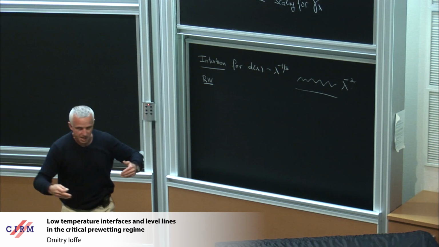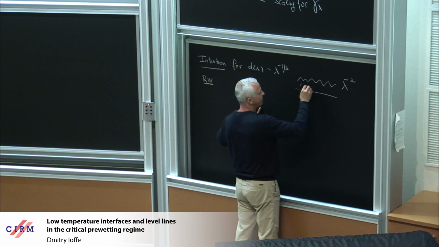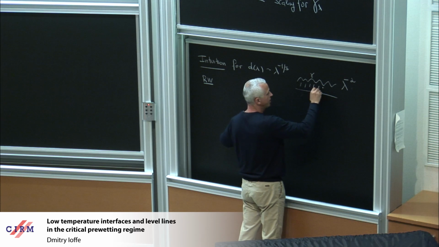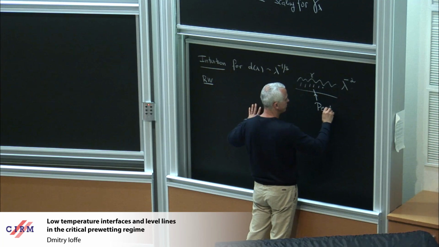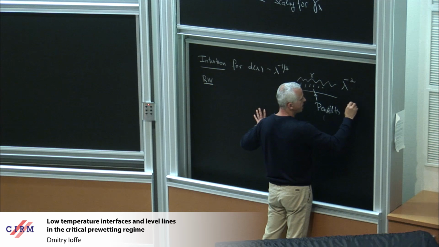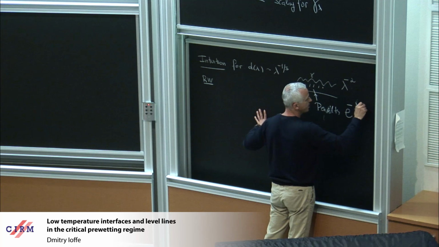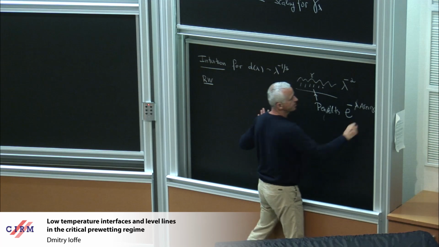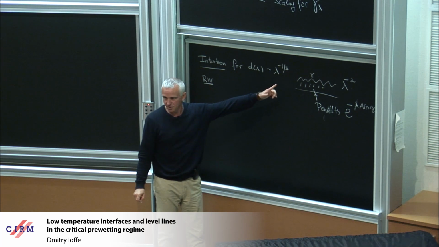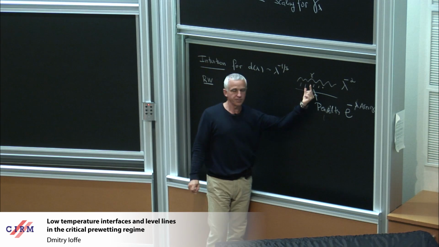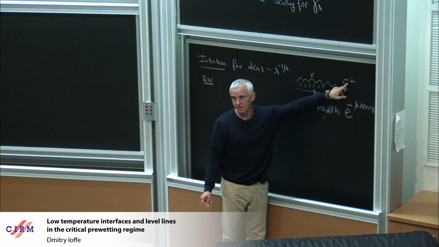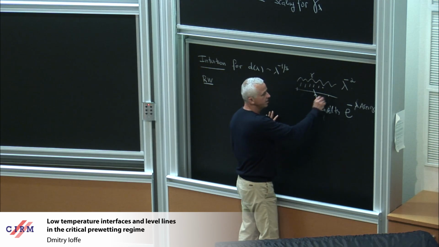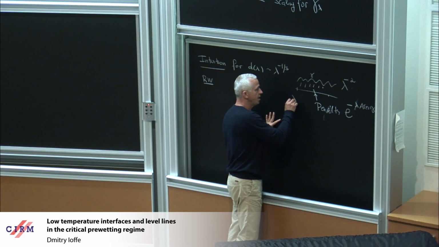So if gamma is the path of the random walk, there's a penalty e to the minus lambda times the area under this path, just for the wrong phase. Now let's think what it costs for the random walk to stay at height lambda to the minus alpha. The cost is entropic. One pays a unit price each lambda to the minus 2 alpha.